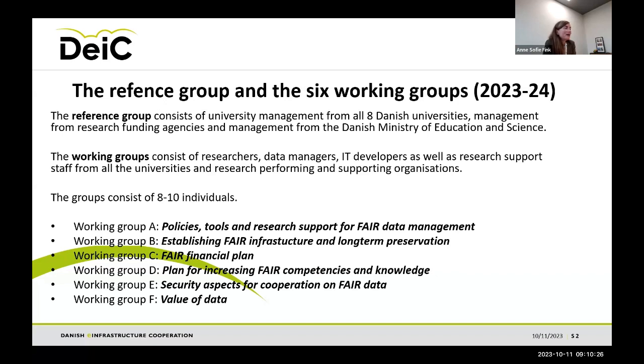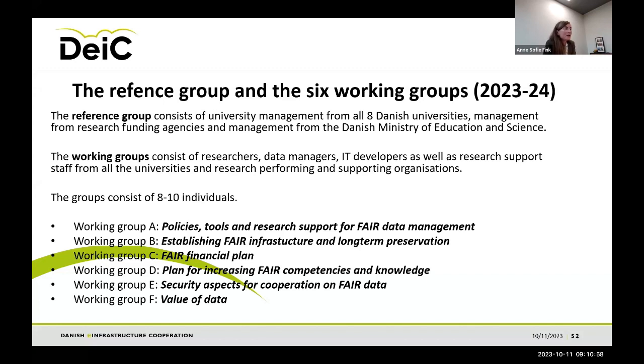We have these 6 working groups, and you can also call them the action areas, in order to divide things into some structured slices. Group A, working with policies, tools, and research support for FAIR data management. Group B, looking at establishing FAIR infrastructure and long-term preservation.